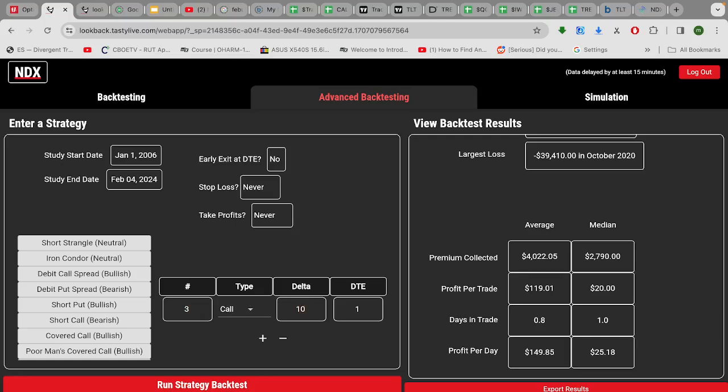Something else delta means besides how far out of the money it is, it also means the odds of the stock being in the money at expiration. So a 10 delta means this option has about a 10% chance of being in the money at expiration. That's why the at the money option, which is right where we are now, is basically a coin toss, a 50-50 bet.